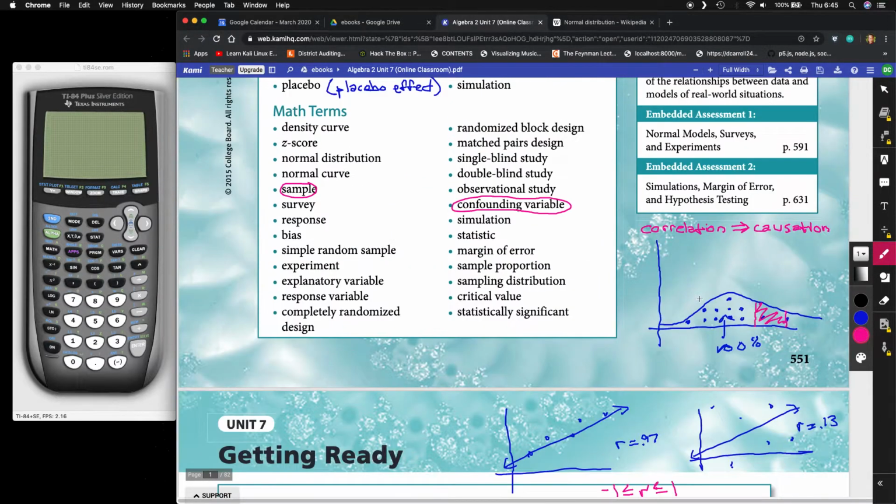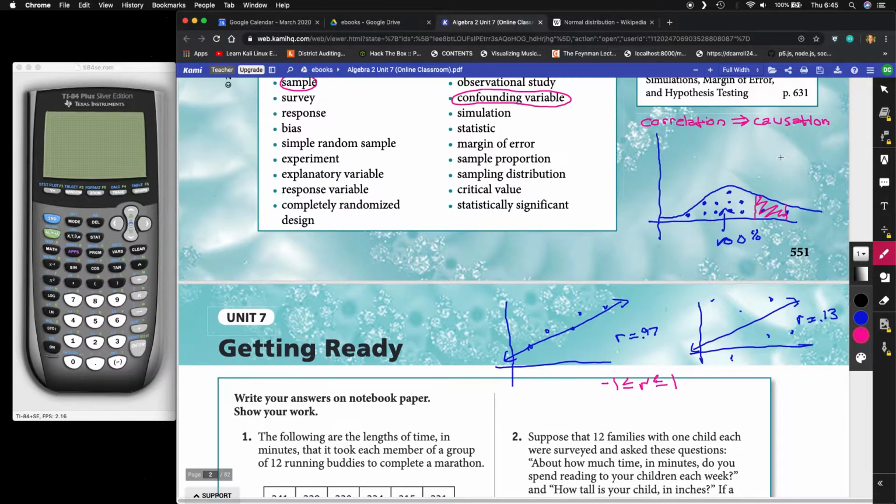Now, when I scroll back up here, correlation does not imply causation. Just because this X is really correlated to the Y value does not necessarily mean that X causes Y. We make that mistake all the time, especially on the news.